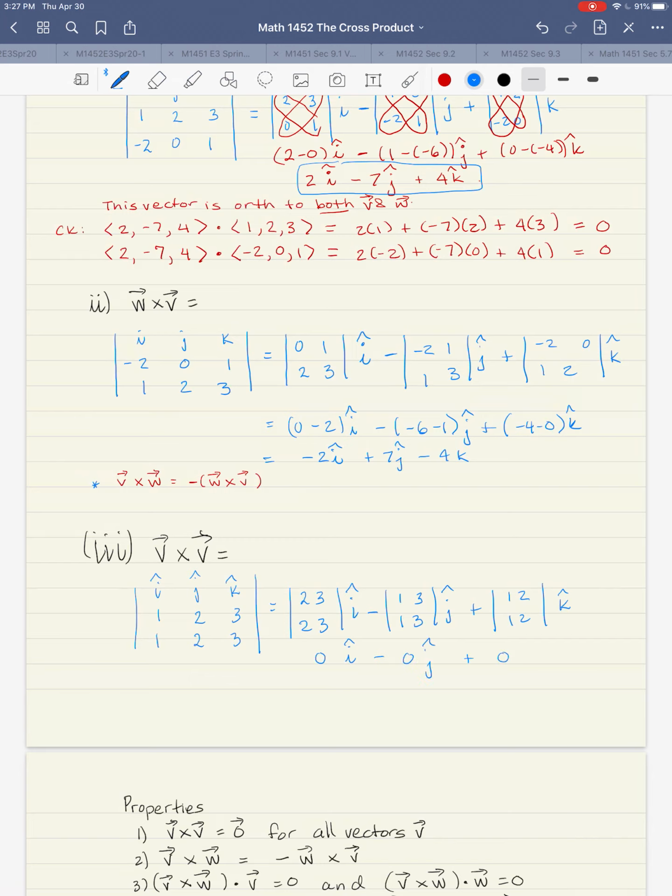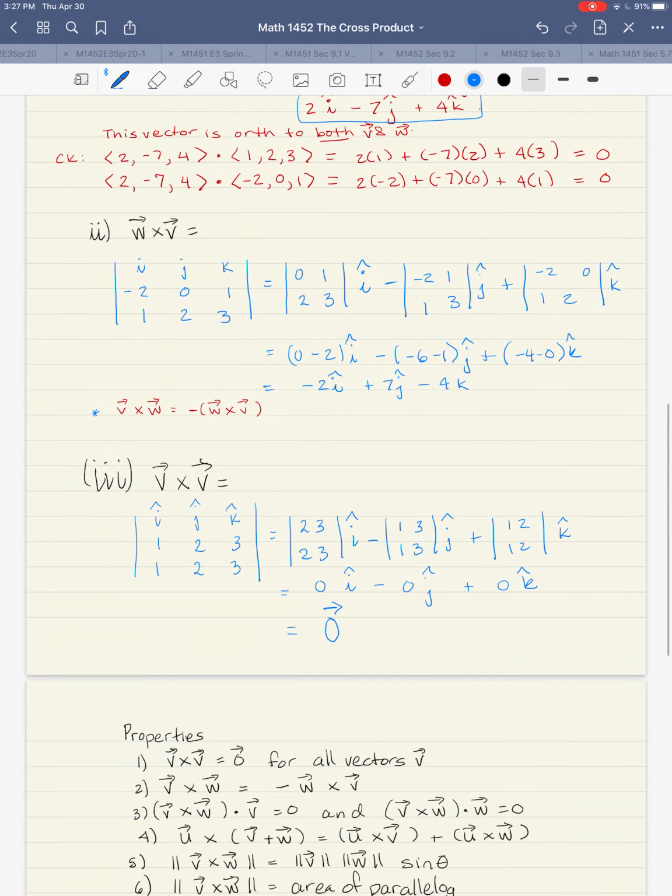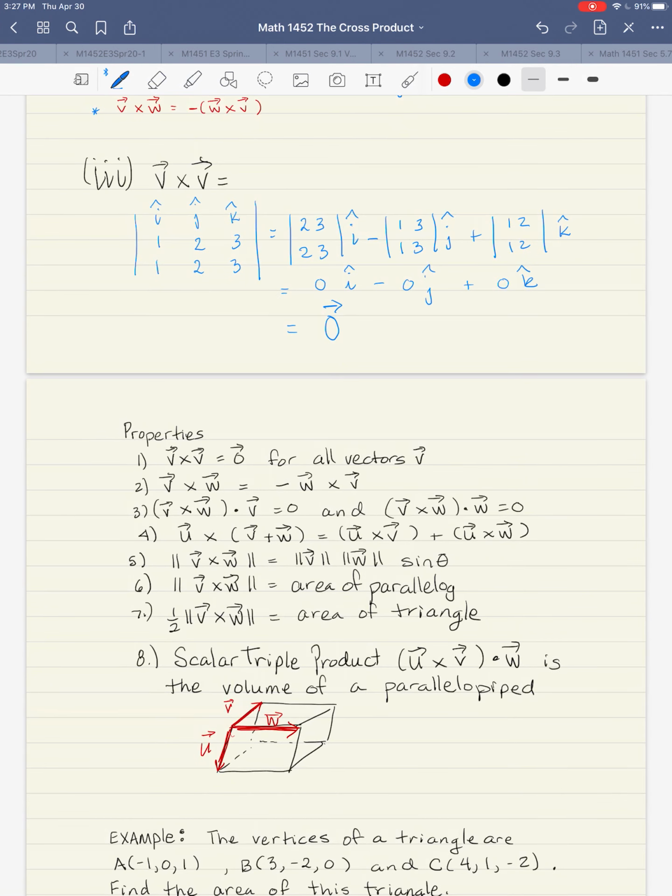So each of the components, forward diagonal minus reverse diagonal, is going to give you 0. So this is a vector, so we write it as the 0 vector. Anytime you cross a vector with itself, you'll get the 0 vector.